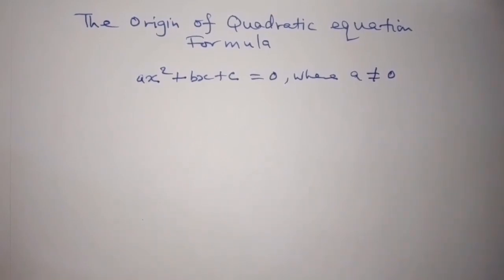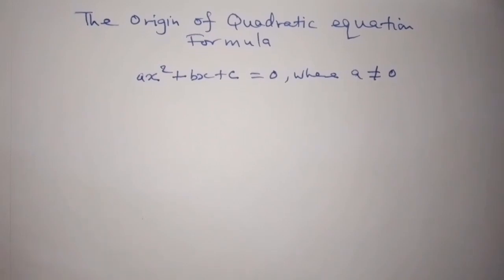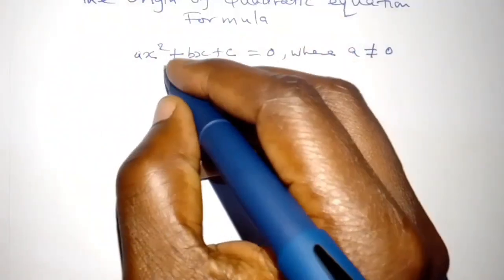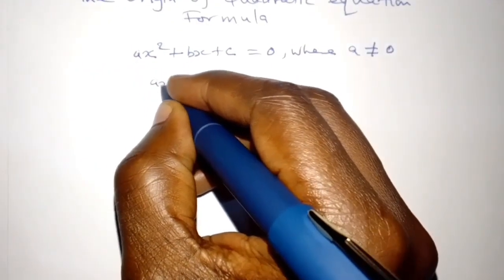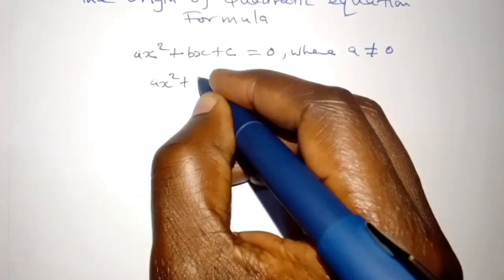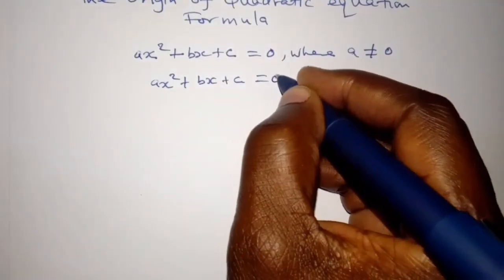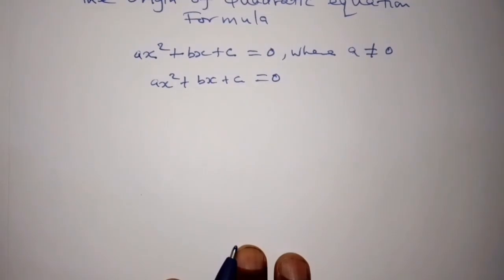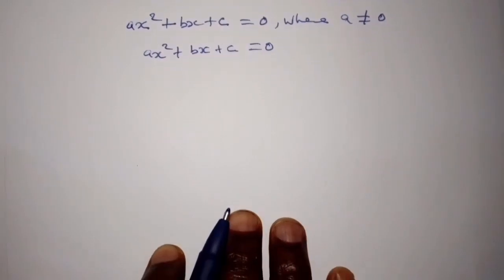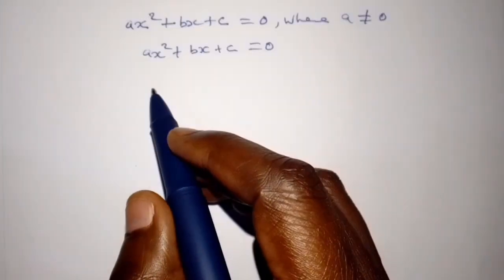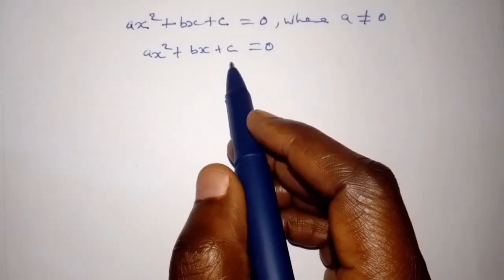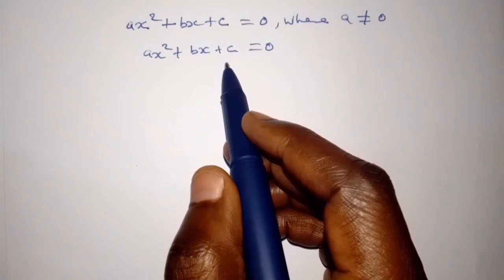Then solving it using the method of completing the square, we solve ax squared plus bx plus c is equal to 0 using the method of completing the square. So now what we are going to do is we subtract c from both sides.